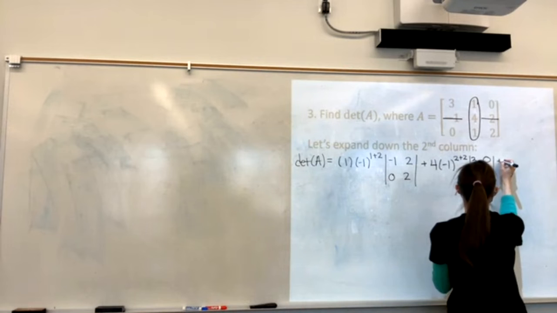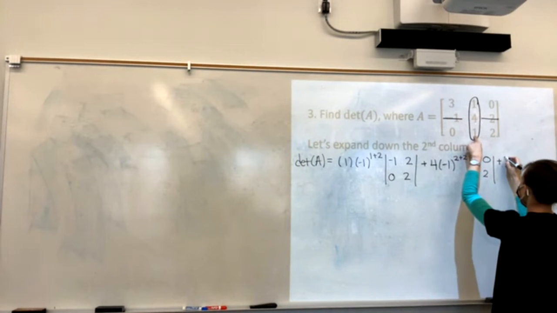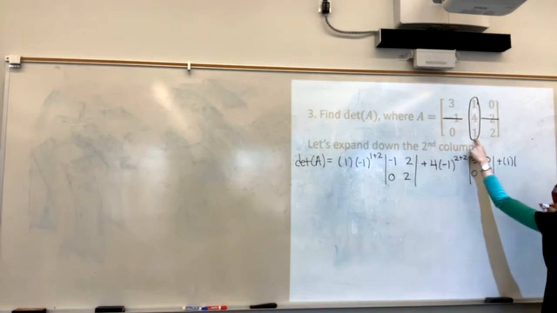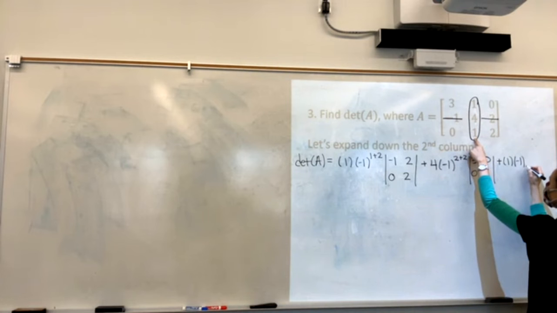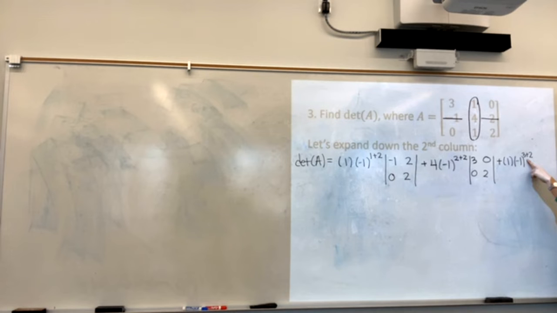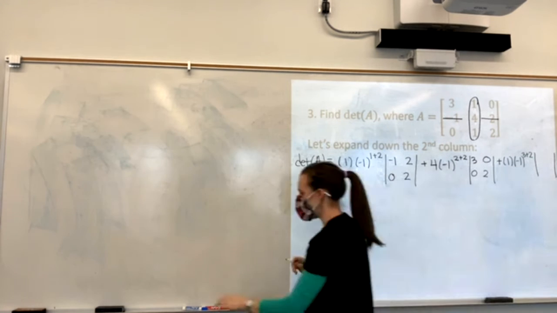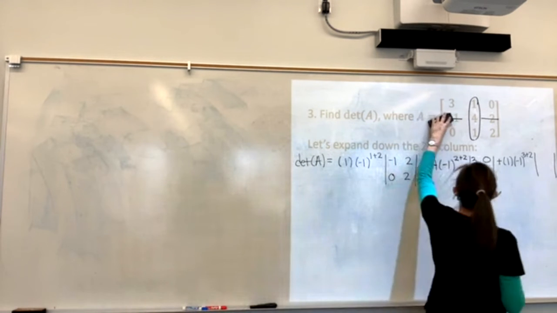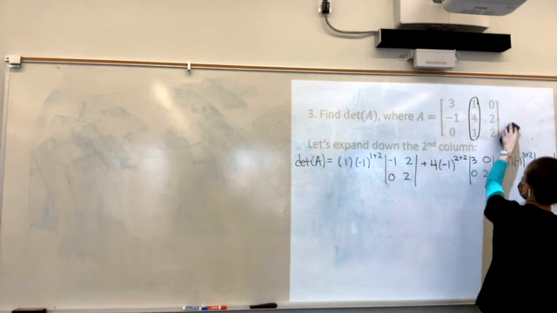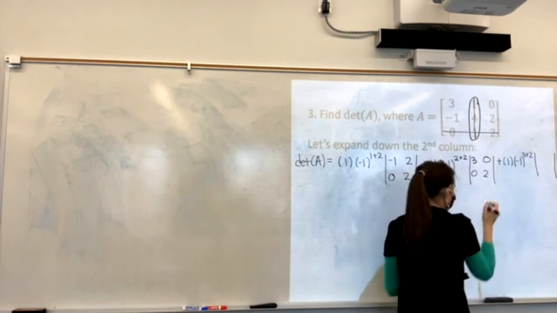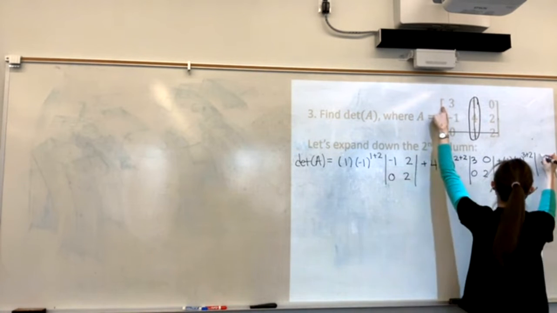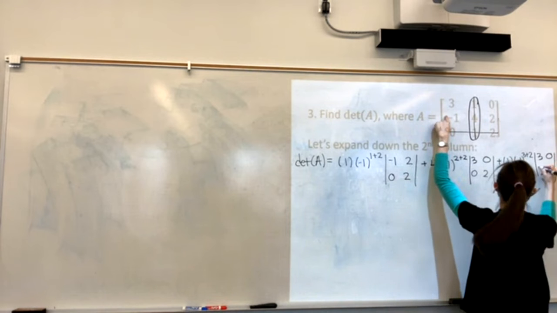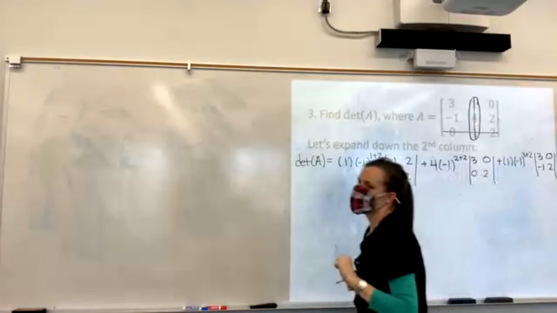And then I have the entry 1, which is in the third row, second column, times the determinant of what we get if we delete that row and column. So that would be 3, 0, -1, 2.